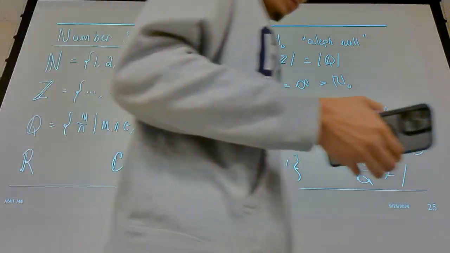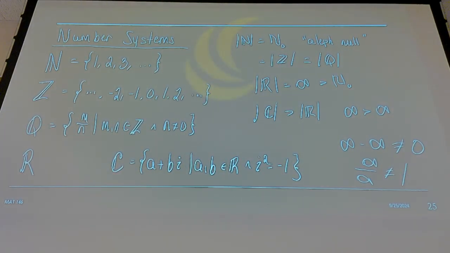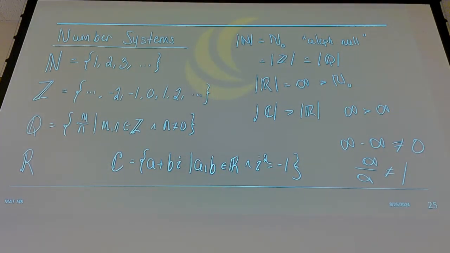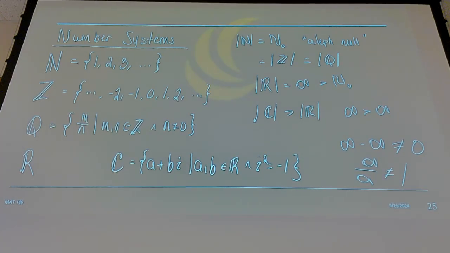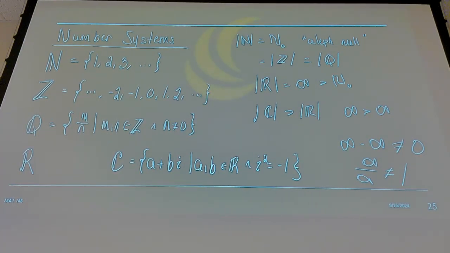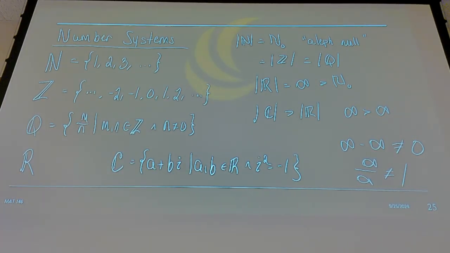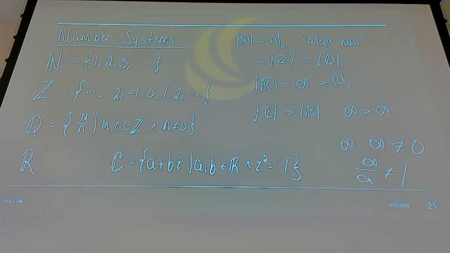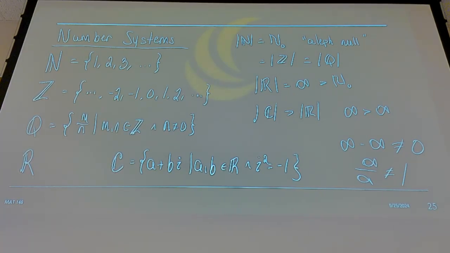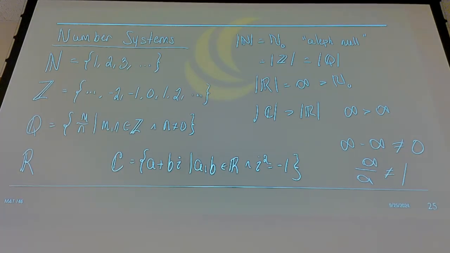Or 1 to the infinity, which is really weird, because you think 1 to any power is 1, but 1 to infinity is not necessarily 1. It can be anything. It's what's known as indeterminate. Or infinity to the infinity is indeterminate.